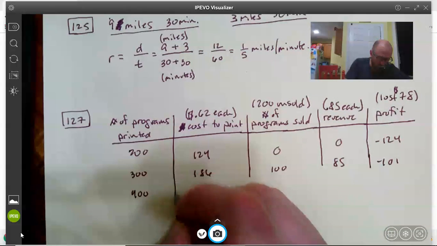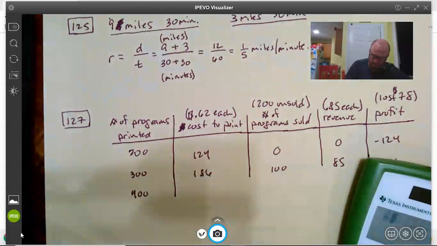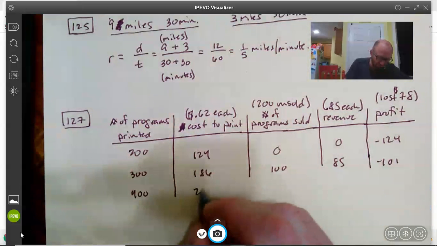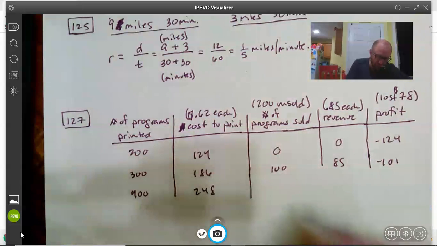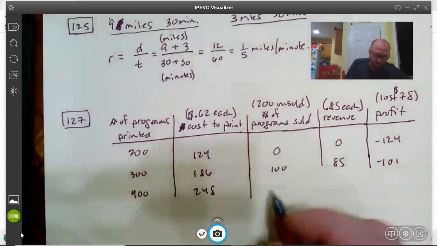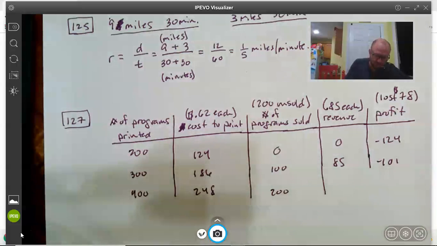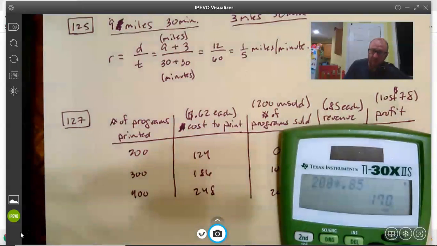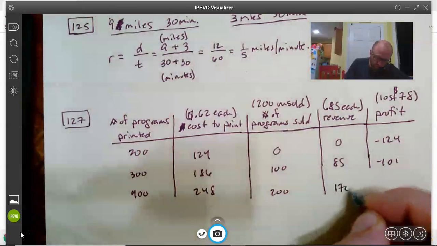Let's try 400. 400 times 0.62 is $248 that it cost him to print all those programs. If he printed 400, didn't sell 200, he must have sold the other 200 at 85 cents each. That means he'd bring in $170.